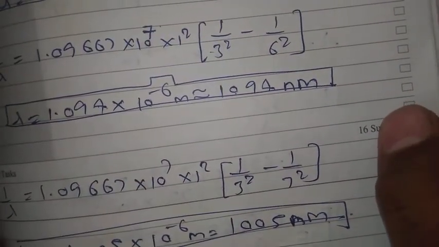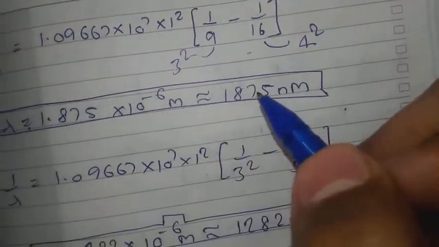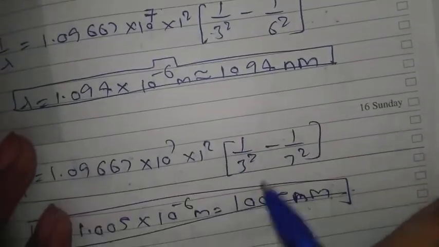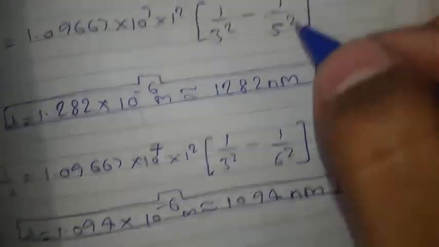As you can see from the equations, when the atom is falling from 4th to 3rd, 5th to 3rd, and subsequently till 7th to 3rd, the wavelength of the emission is decreasing.